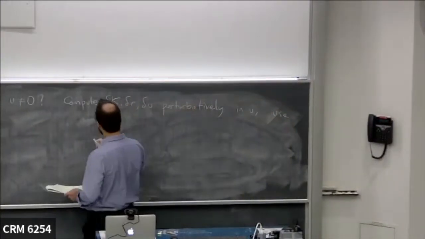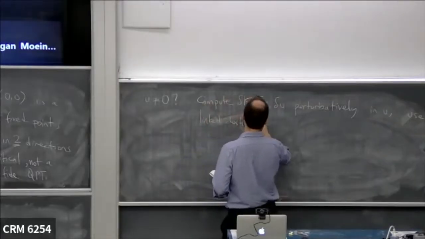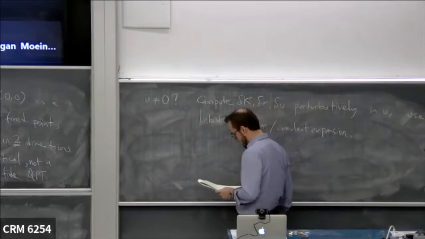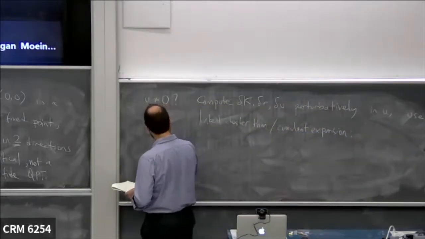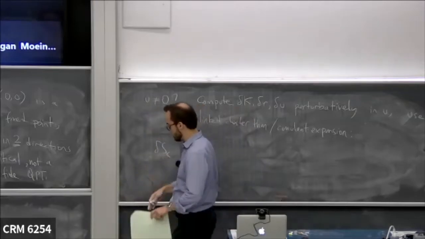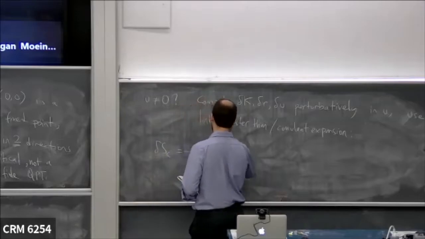We'll just use the linked cluster theorem, or the cumulant expansion. We're interested in the logarithm of an average of an exponential. This will be the shift, the contribution to the effective action for the slow fields. It's minus log of this average.